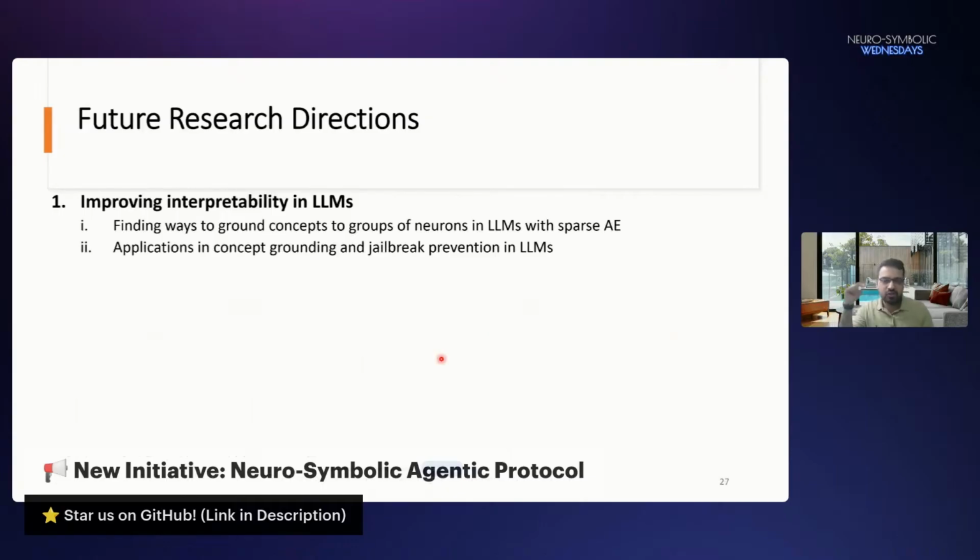Some future directions that I'm very interested in looking at is improving interpretability in LLMs, where what if we could find these ground concepts to groups of neurons in LLMs? For example, if we could find certain neurons in the LLM that represent things like hate speech or war or things like that, which could be problematic.